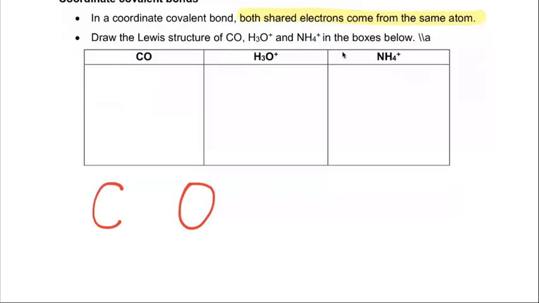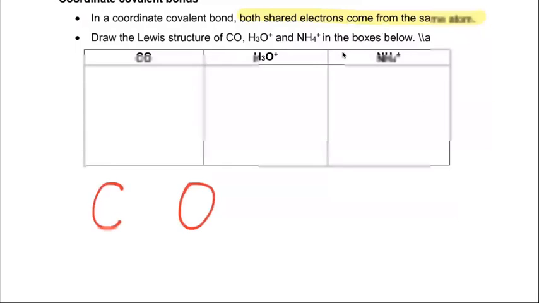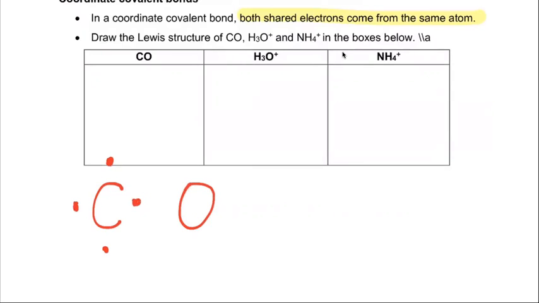Let's see who remembers anything from last year. How many valence electrons does carbon have? Anybody remember off the top of their head? 5. Yeah, we got it. 4. Good job, guys. All right, so 4, because it's in group 14. So I'm going to draw 4, and they're all single on carbon. Carbon's electrons are single and ready to mingle.